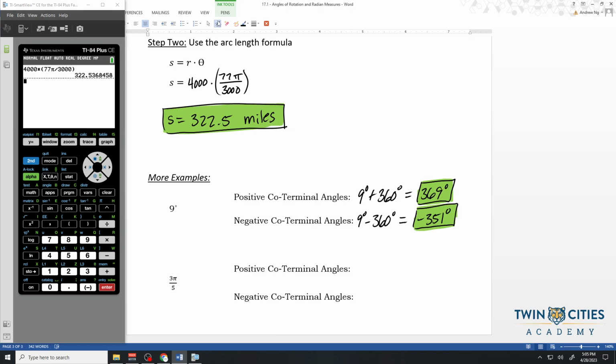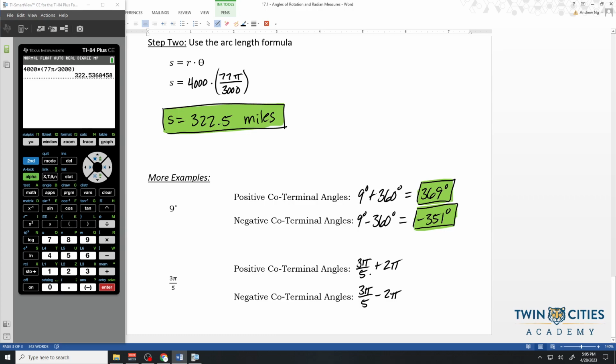In radians, though, this is going to be 3 pi over 5 plus 2 pi, because that's a full rotation in radians. For something that's negative, we'll do 3 pi over 5 minus 2 pi. The problem here is I can't just add or subtract 2 pi, at least not the way that it is now, because 3 pi over 5 has a denominator of 5.